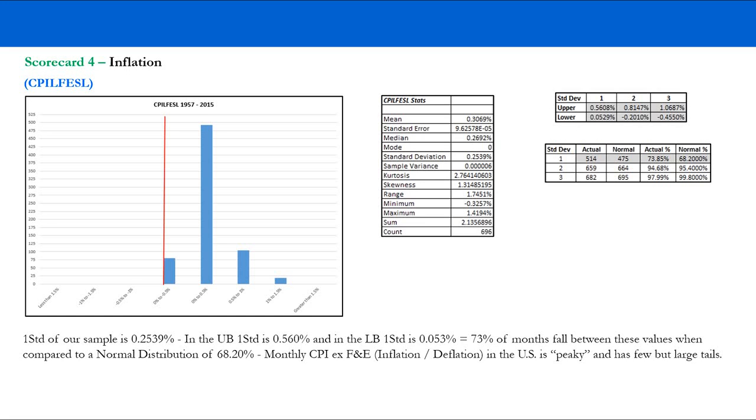So it's actually very similar in that respect to the CPI, which includes food and energy. But this number here is obviously very different.